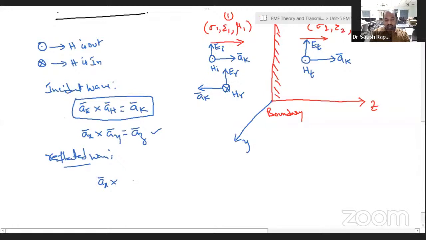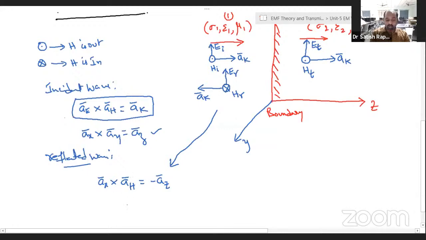The direction of the magnetic field, let us say Ah bar, we don't know. And what is the direction of wave propagation for the reflected wave? Negative z direction, right?